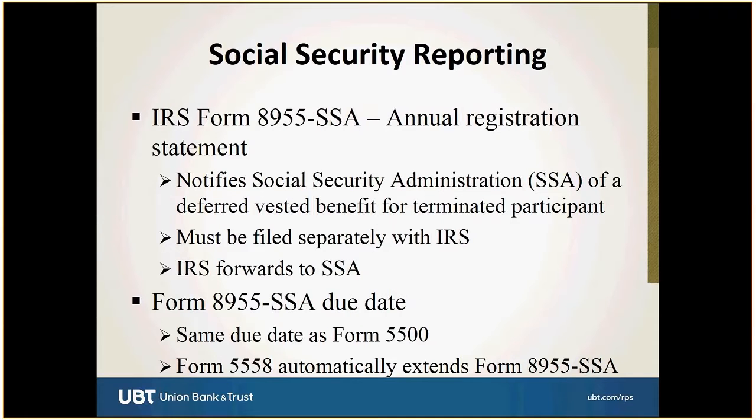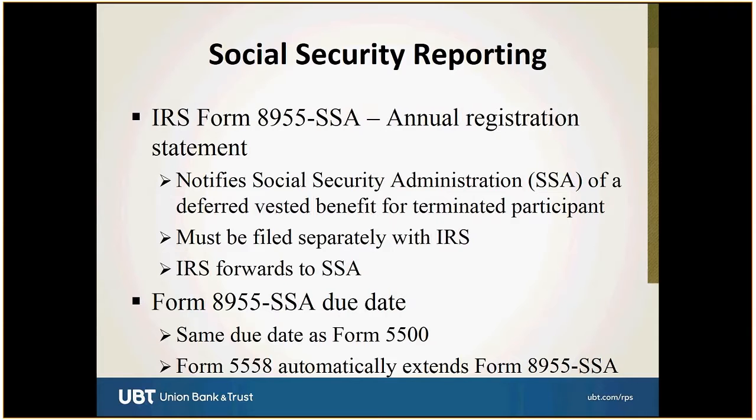The other thing, reporting information that goes hand in hand with the Form 5500 is the IRS Form 8955 SSA. What this document does is Union Bank, on your behalf, provides this notice to the Social Security Administration of any participant who has a deferred vested benefit.